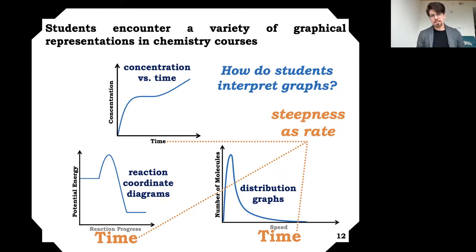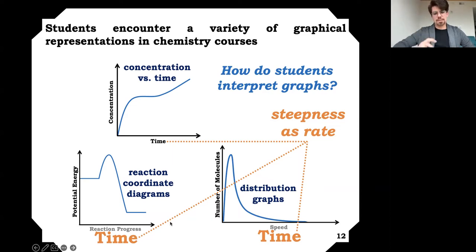Students are talking about rate, but as a mathematical concept, rate doesn't have to involve time, right? You could have a ratio of any 2 variables, but often our general experiences related to rate involve time, like, I don't know, miles per hour or something.